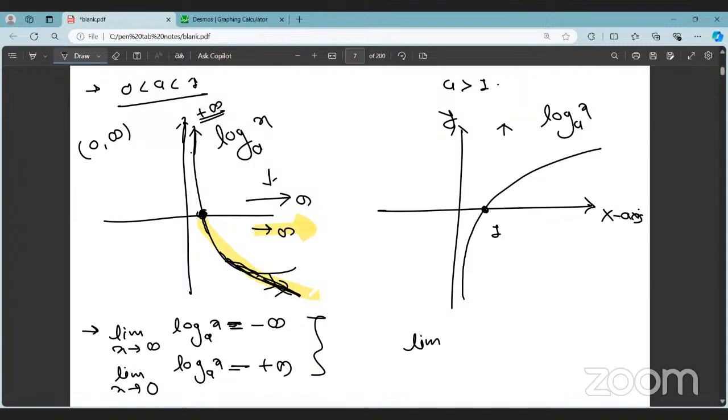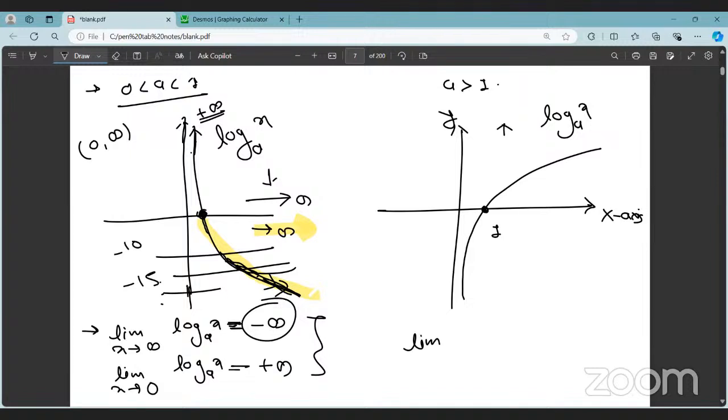That means as x goes to infinity, it will reach much larger negative values, right? Here it will be minus 10, then let's say minus 15, and so on. So as x goes to infinity, the values of y are much larger values on the negative y-axis. That's why we get the intuition that this limit will be minus infinity.